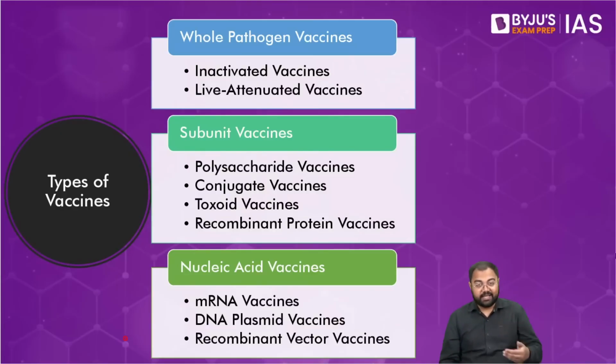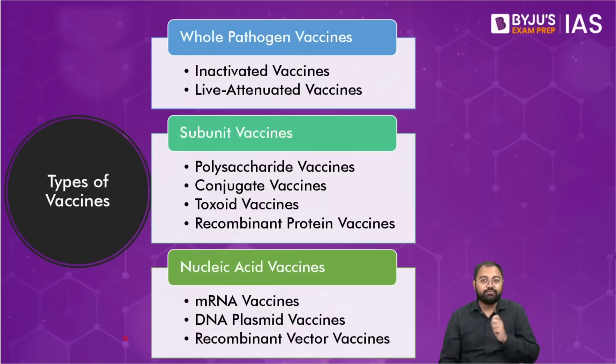Now, alive does not mean that you will have a normal functioning pathogen and you will make it enter the body. That can be dangerous for the body. So what we do is we make it very dormant, very inactive, and then we make it enter the body. So it has not been killed, but it has been thoroughly weakened.